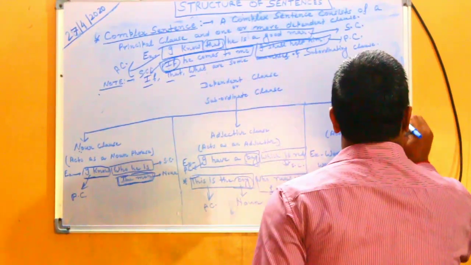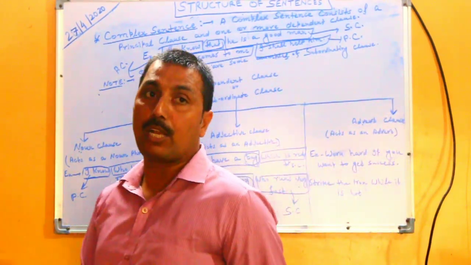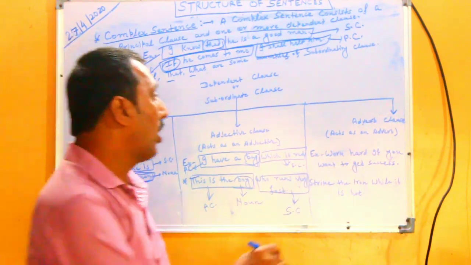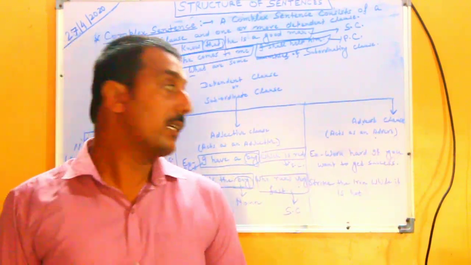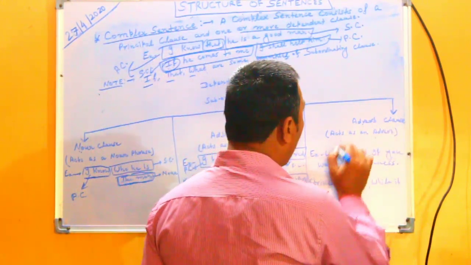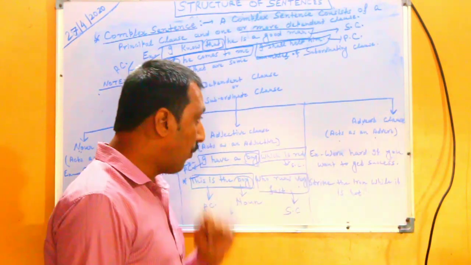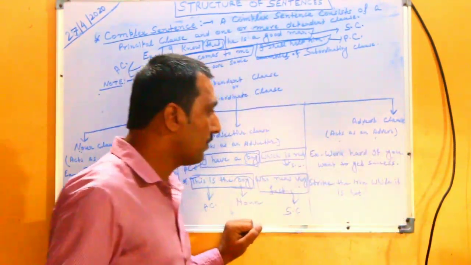Now moving to our next kinds, that is adverb clause, and it is also very clear from its name only that it works as an adverb. Means it qualifies adjective, adverb present in principal clause. For example, work hard if you want to get success.